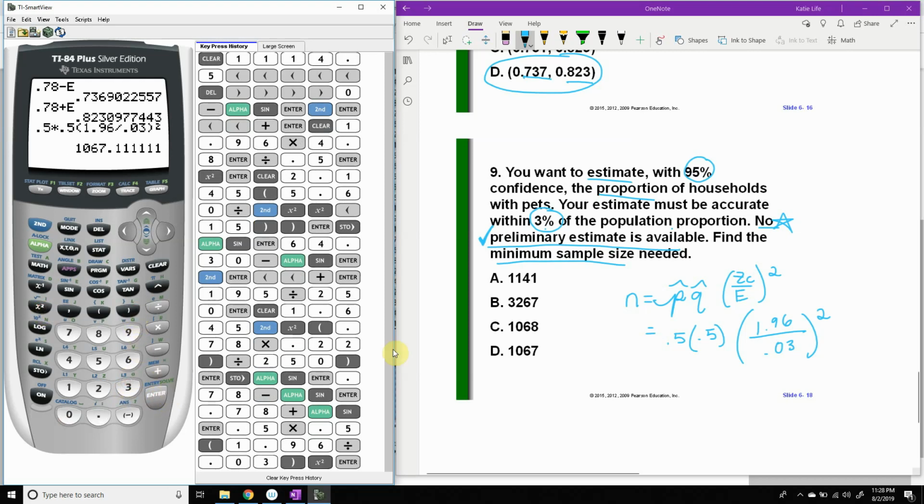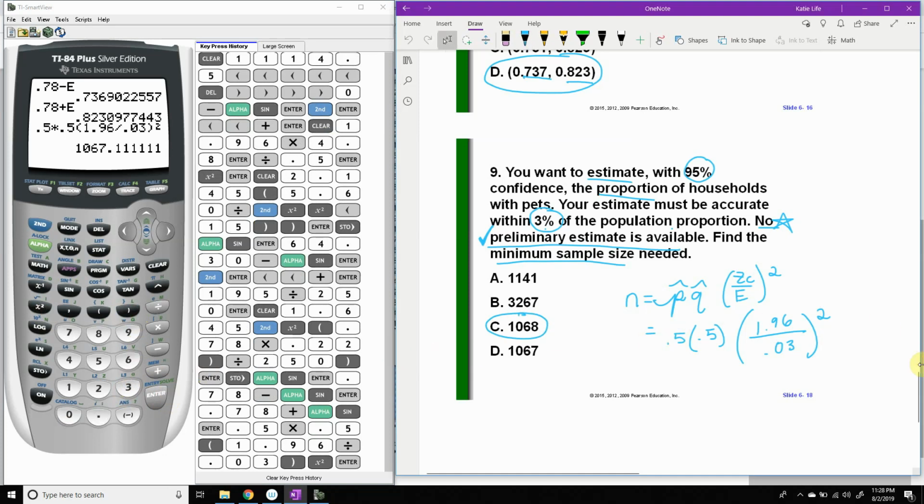So about 1067.1 repeated. Well, if I'm talking about surveying people, I can't ask 11% of a person, so I have to round this up to the nearest whole value, which is going to be C, 1068 people.